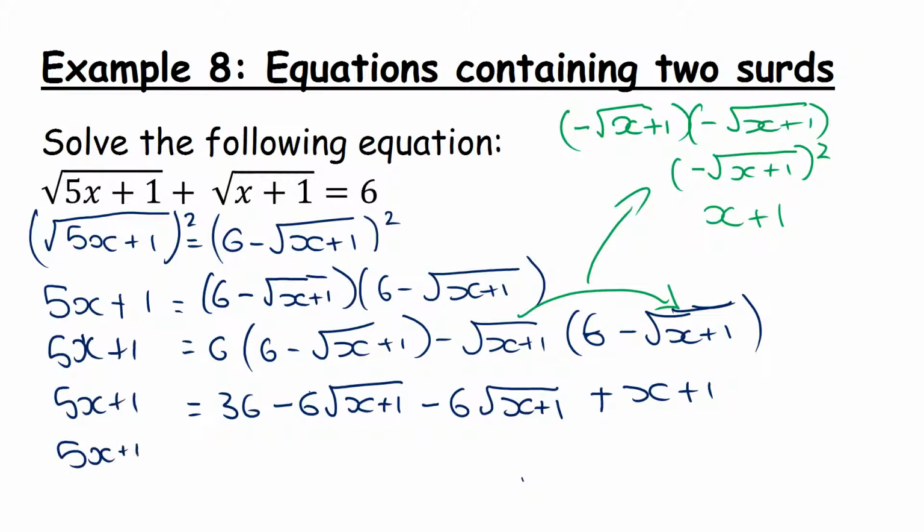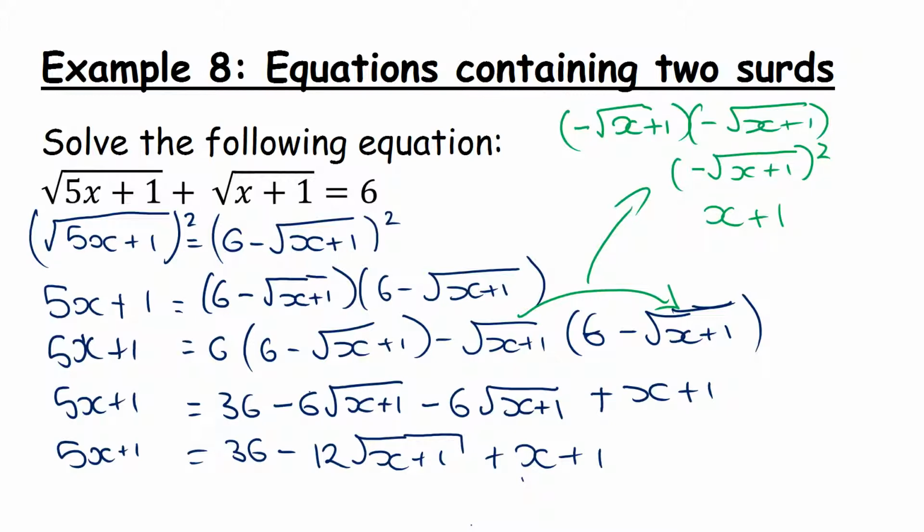5x plus 1. So let's do a bit of cleanup. 36 minus 12 root x plus 1 plus x plus 1. So now you might notice that just like in our last example, we have one square root, or one surd.